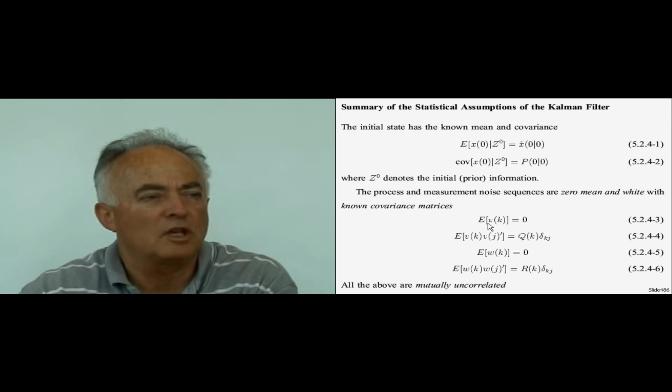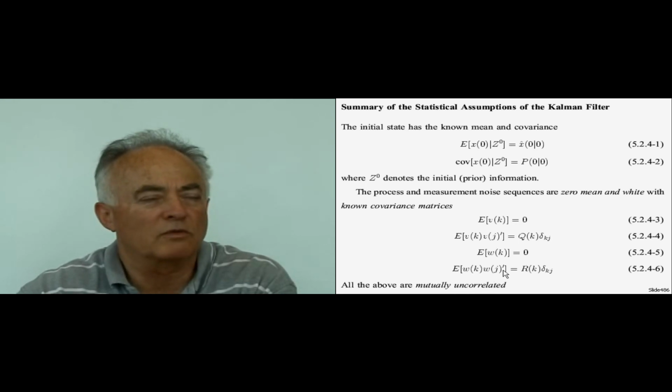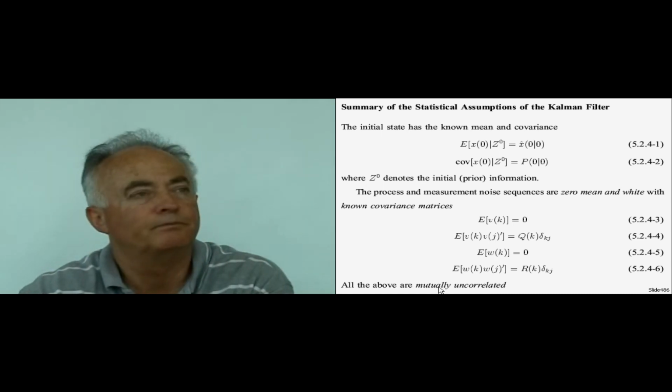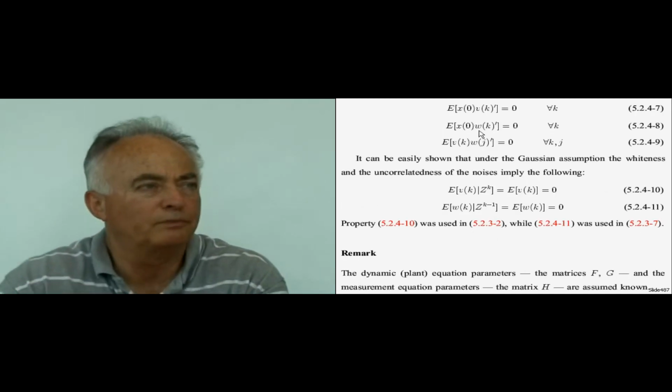E[v_k] is 0, E[v_k v_j'] is Q_k delta_kj. Again, this is a Kronecker delta, 0 or 1. If k is different than j it is 0, if k equals j, that's a 1. The expected value of the measurement noise, E[w_k], is 0. And the expected value of w_k w_j', that's the autocovariance of the measurement noise sequence, is R_k delta_kj. So the covariance is R_k. And these three sources, x0, sequence v_k, sequence w_k, are mutually uncorrelated, and that's summarized in these three equations.